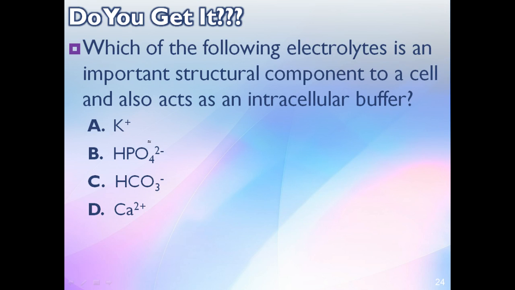Most students will end up choosing between B and C because they know both are buffers. But the key here is only one of them is a structural component to the cell. I'll give you a hint: how about your phospholipid bilayer? That should lean you towards B.